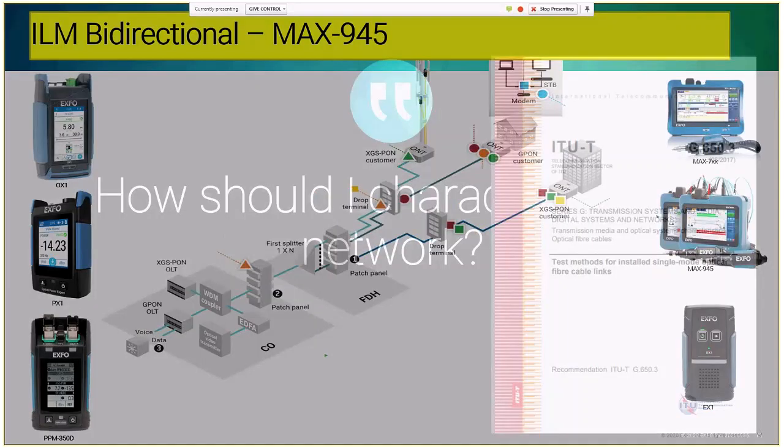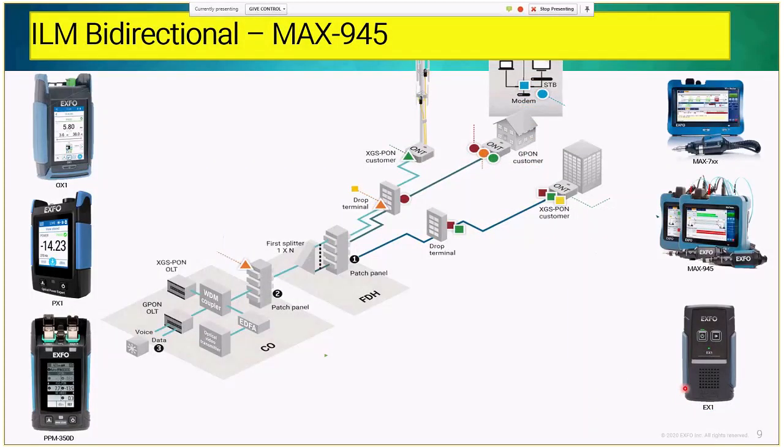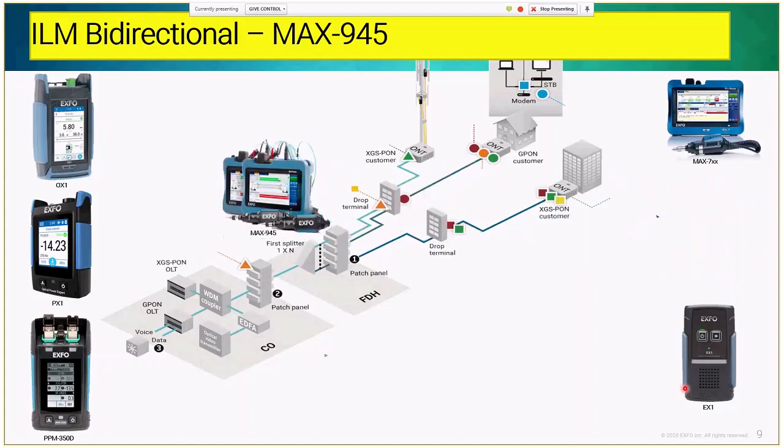So let's go to the first equipment, which is the insertion loss or optical line test set. And how can it be used? The insertion loss measurement, the bidirectional, is one of the recommendations from the ITU-T.